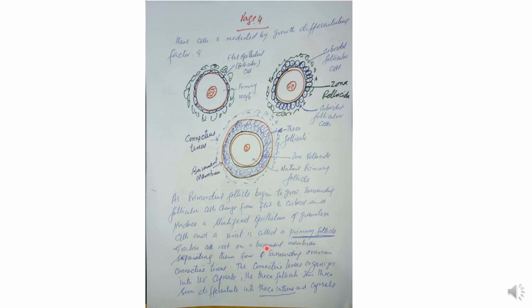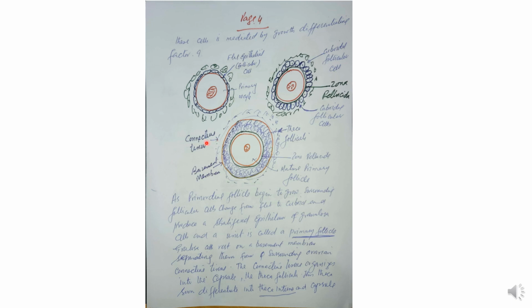Granulosa cells rest on the basement membrane. Now these granulosa cells which are surrounding the oocyte rest on this basement membrane. Around them is the basement membrane, and the cells proliferate and rest on it. This basement membrane separates the granulosa cells from the surrounding connective tissue of the ovary.